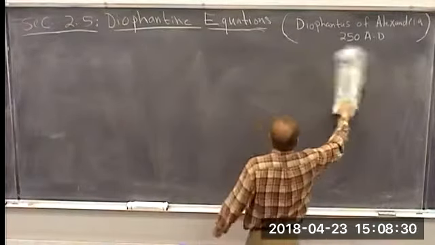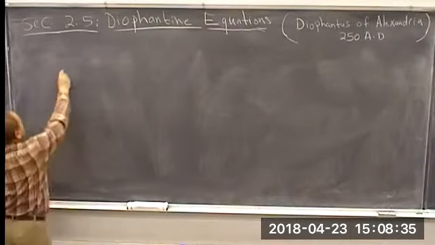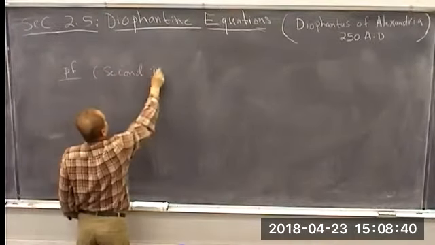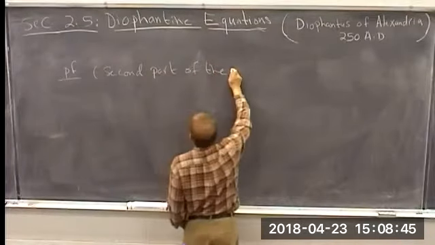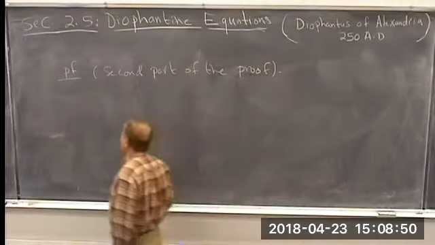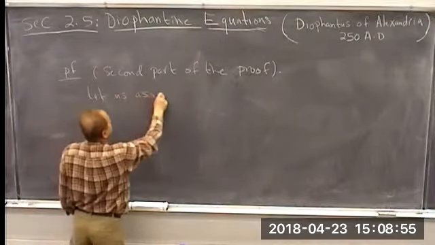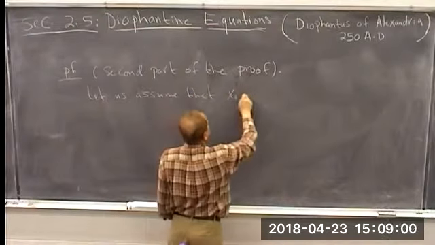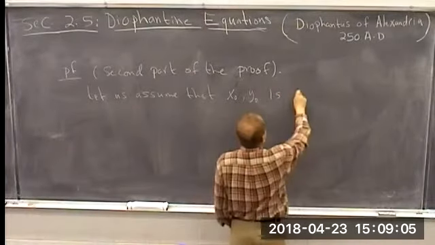So let's assume that we have another solution. So here's the second part of the proof, the moreover. So let's assume that x sub 0, y sub 0 is a solution.